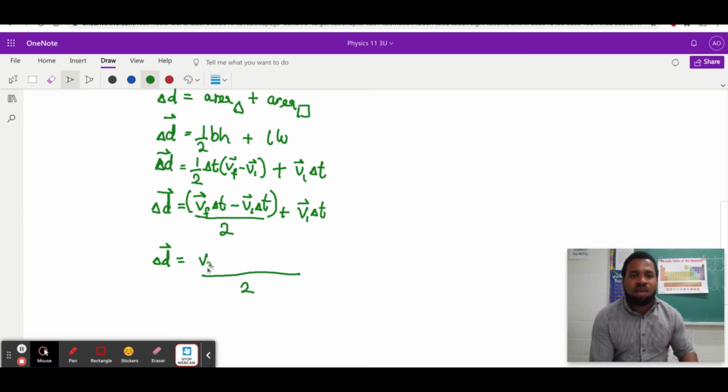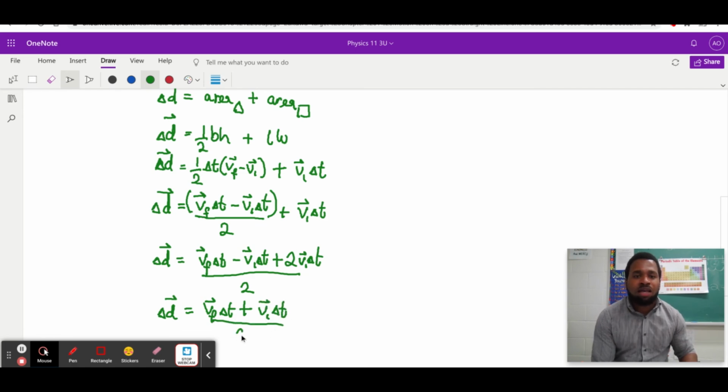And so on this side, we have v final change in time minus v initial change in time plus 2 times v initial change in time. Take note that these two are common, so what we are left with is our change in position equal to v final times change in time added to v initial change in time, all divided by 2.